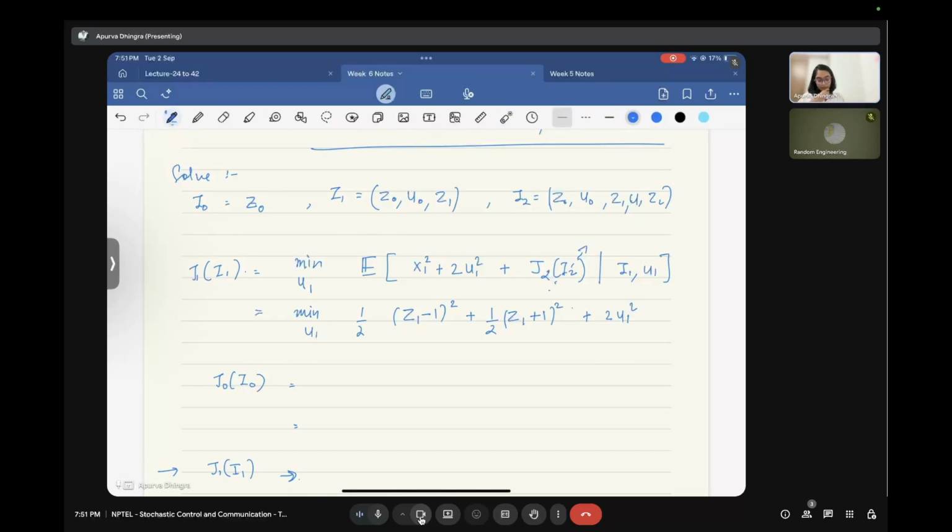Let's write the same thing for the easier case, which is J0 of I0. Here we are minimizing over u0. Same thing. Now this matters.